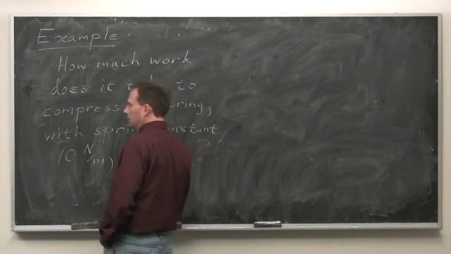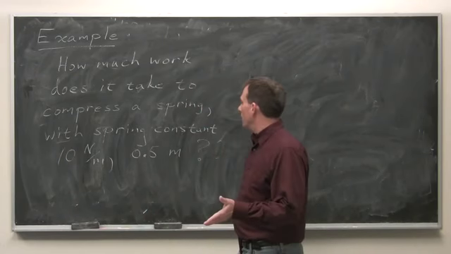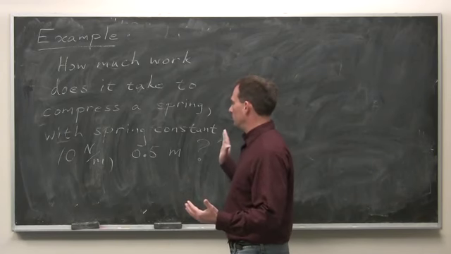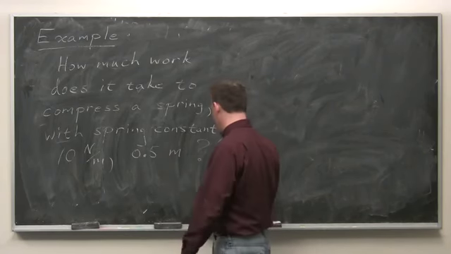So you've got a spring, you're told its spring constant is 10 newtons per meter, and you're asked how much work it takes to compress the spring 0.5 meters from the equilibrium position.